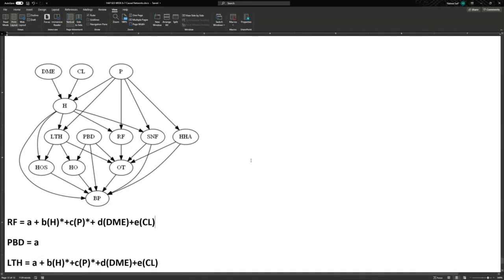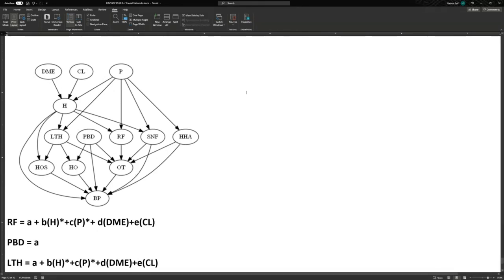Co-parent. So the parent of a child of H. Ah, okay, a parent of a child of H. Okay, so a child of H would be HOS, but a co-parent would be LTH. LTH is already a child, so it can't be a co-parent.